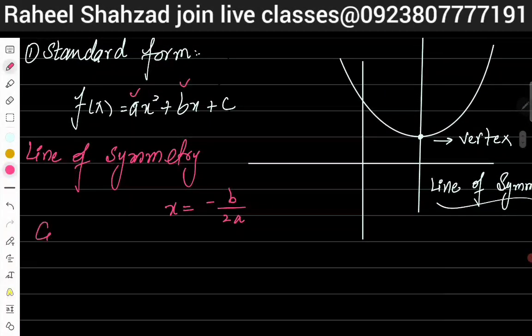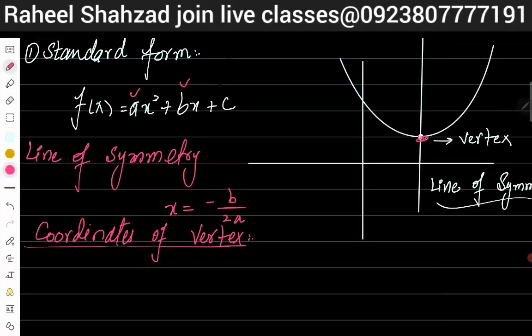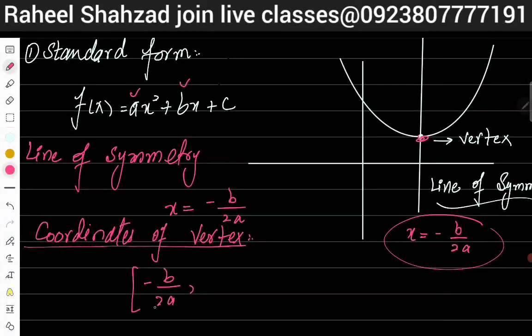Okay, and the coordinates of the vertex are going to be: the x coordinate is minus b divided by 2a, the one from the line of symmetry, and f of minus b divided by 2a. Now what does it mean? It means that you're going to substitute this value of x, whatever you get, in the original equation to find out the coordinates of the vertex.